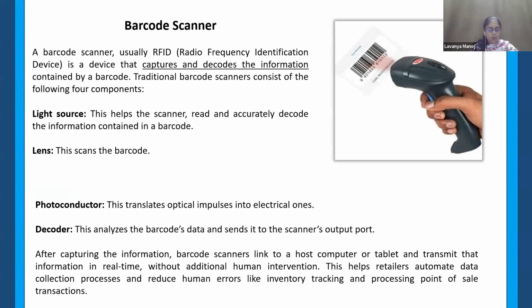So what are the components of the RFID scanner? RFID refers to radio frequency identification device. RFID, radio frequency identification device. It captures the barcode, decodes the information and transfers that data to the point of sale system.